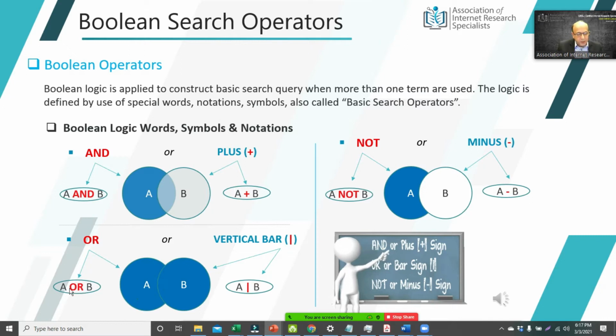Second one is OR. OR concept means that if there are these two objects A and B, and they are to be considered for search, notice that they are both in the same color, meaning they're sort of merging with each other. Does that mean that it is similar to AND, or does that mean that both have to be found? So here is the answer and a quick definition of it.